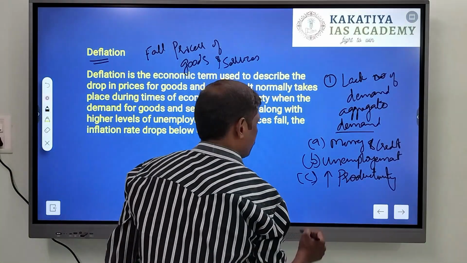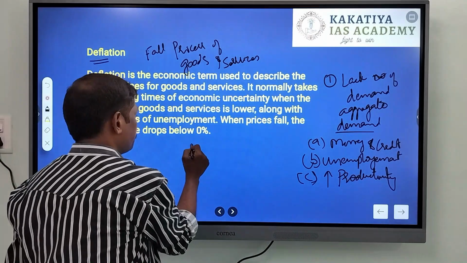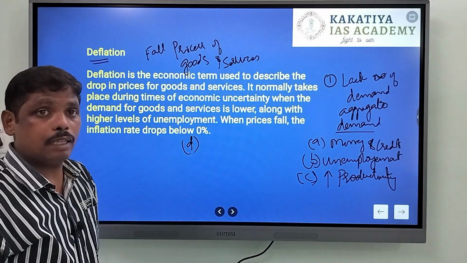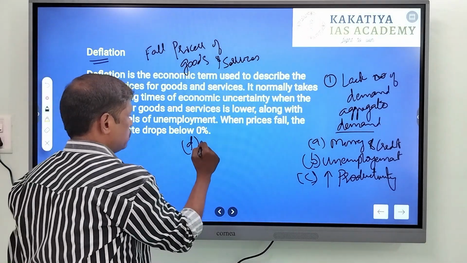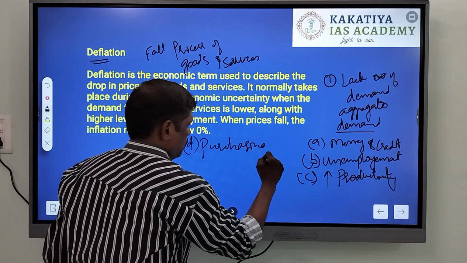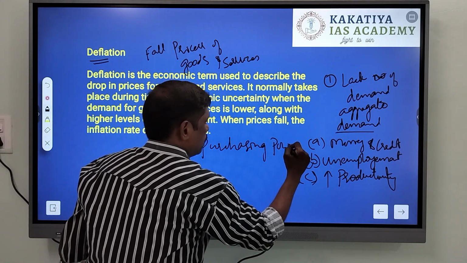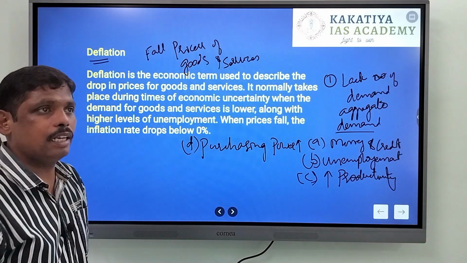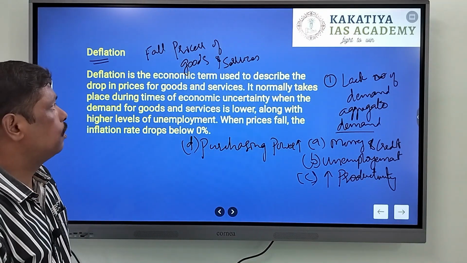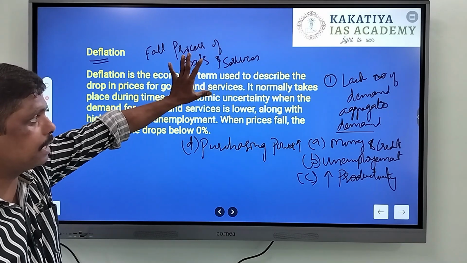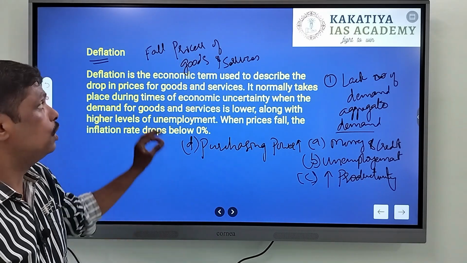Next one, even when there is an increase in purchasing power, it may lead to decreased prices, so deflation.